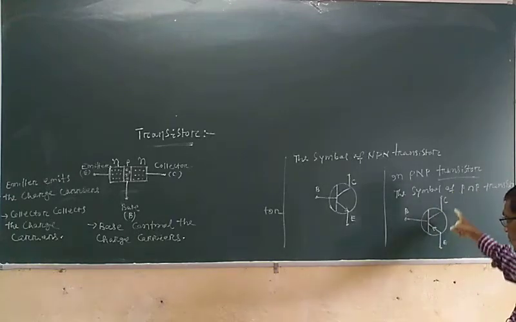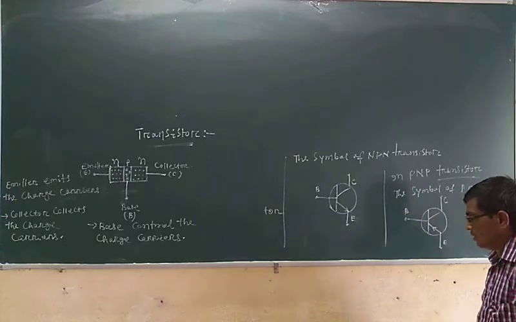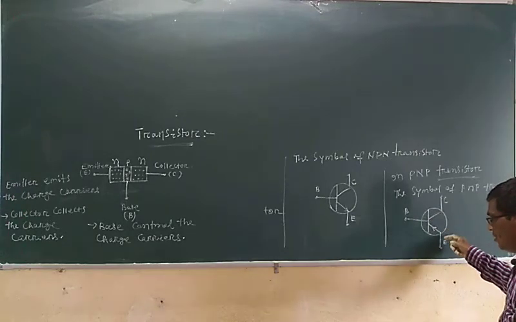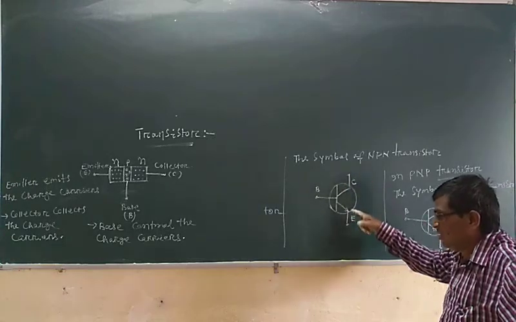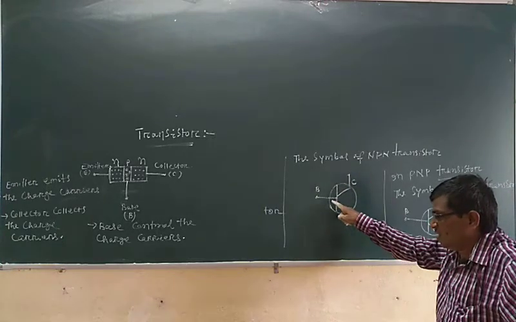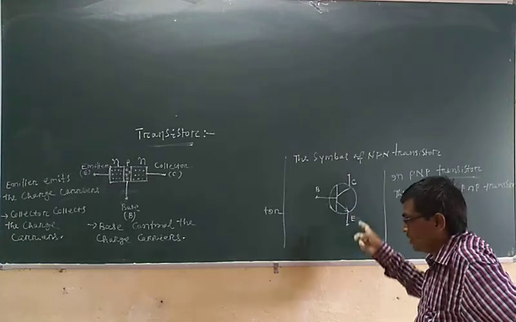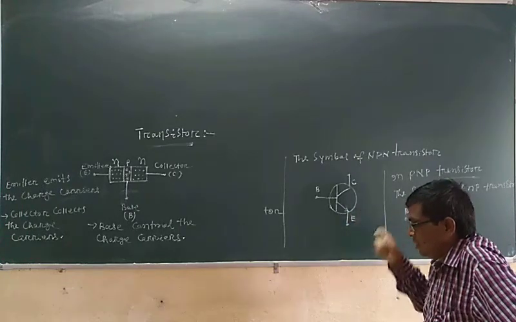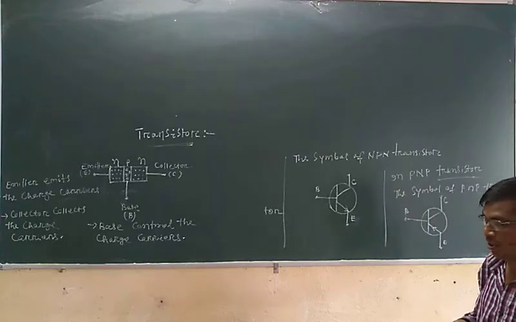So in a PNP transistor, the emitter arrow points towards the inside, towards the base, but in an NPN transistor, the emitter arrow points to the outer side, away from the base. So this is the mark or symbol for detecting whether a transistor is NPN or PNP.